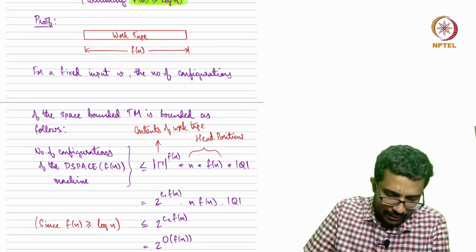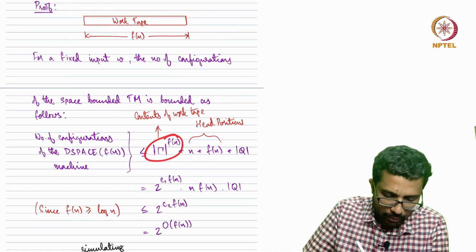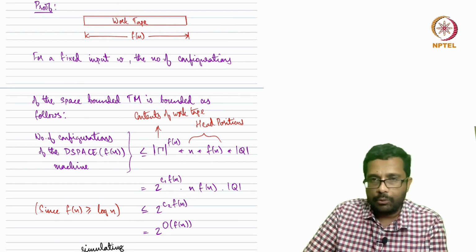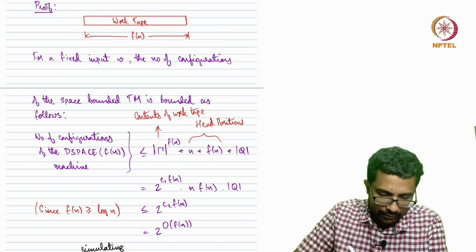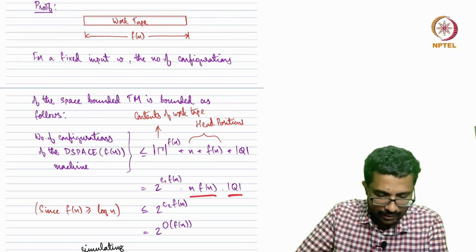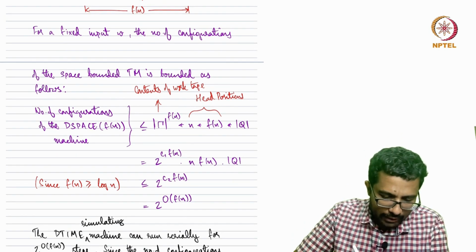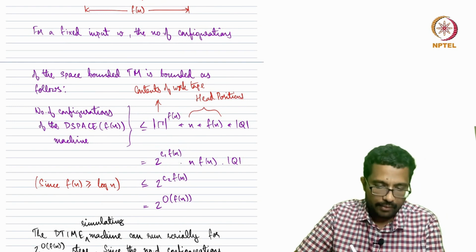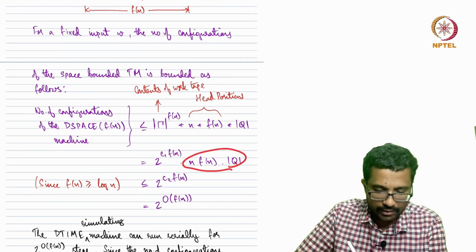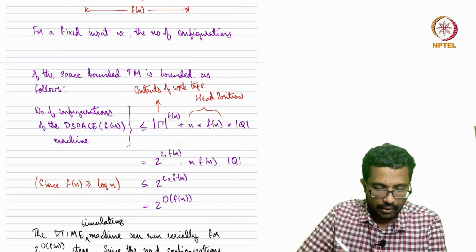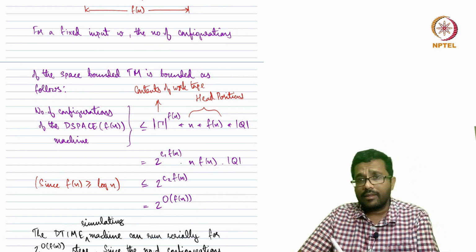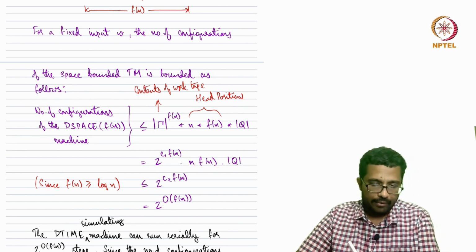Now if you just see this, we can simplify it as 2 power some constant times f(n), right? So we can see gamma as 2 power some constant, and we have n, f(n) and q here. But all of these things are dominated by the 2 power constant f(n) term. q is a constant, n is a linear term, and we know that f(n) is at least log n.